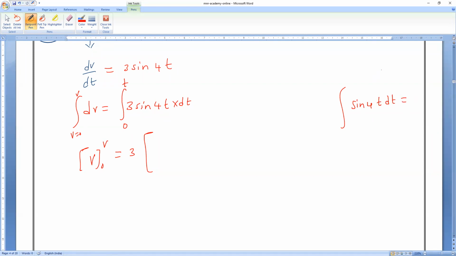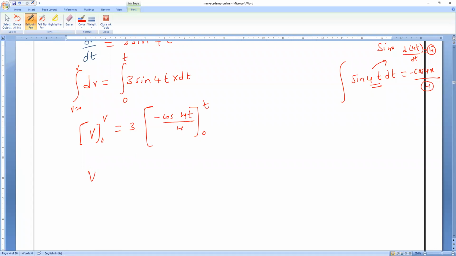Integration of sin x is minus cos x. Since it is a function of 4t, we divide by the differentiation of 4t, which is 4. So it is minus cos 4t divided by 4, with limits 0 to t.